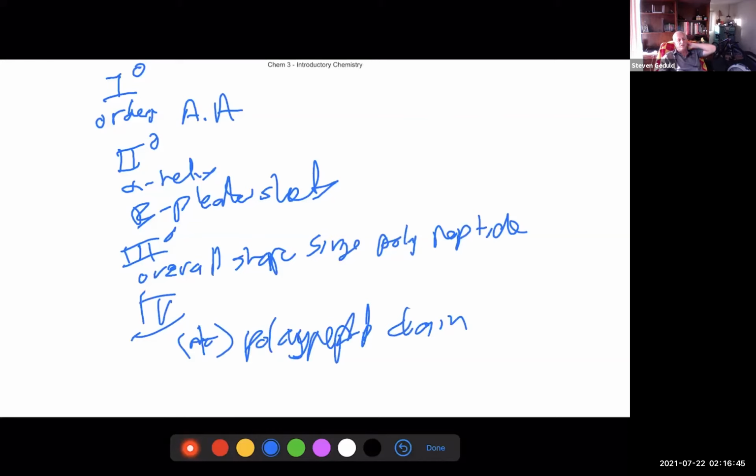Okay, so the order of amino acids goes to alpha helix, beta pleated sheets, overall shape, and then the overall shapes come together with different polypeptides to form the functional molecule. Is that making more sense? More questions on that?